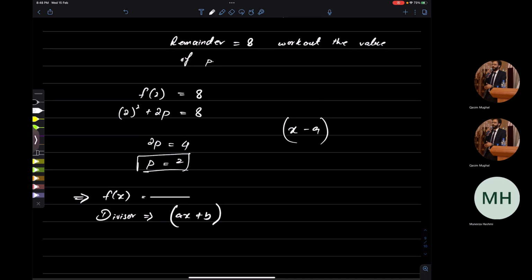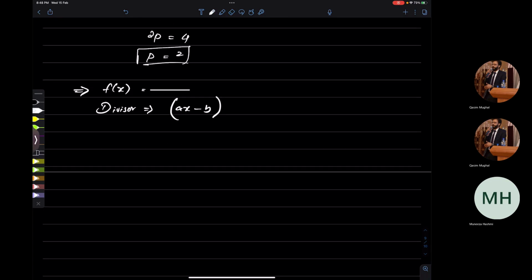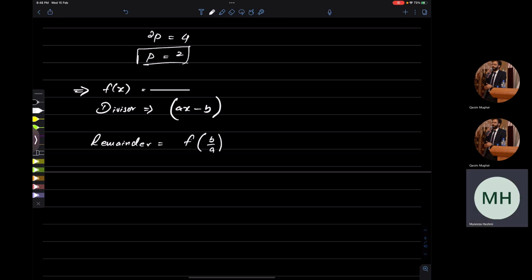So let's actually make it minus b, which would be better here. Ax minus b. Then the remainder will always be f of b over a.